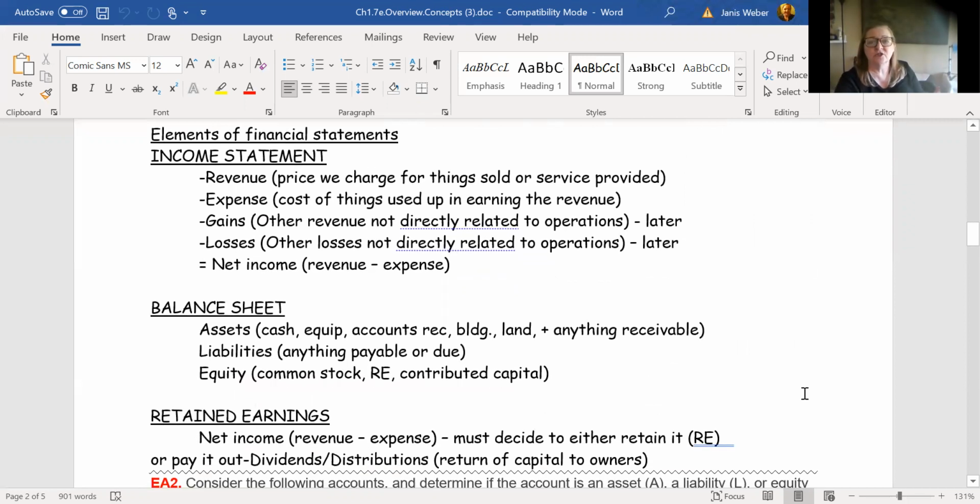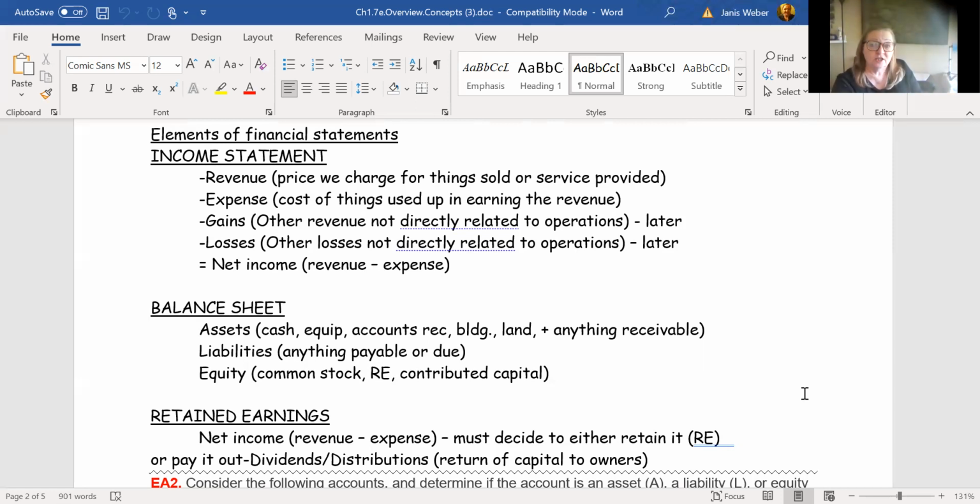The income statement, for instance, shows the revenue, which is just talking about how much did you sell your product for. Then the expenses, the cost that it took to produce that revenue. And then that brings you to what's called the net income. I left out the gains and losses because we really focus on them later in the course. But if you had gains from sales of property, those would not be directly related to operations, but they would be extra gains.